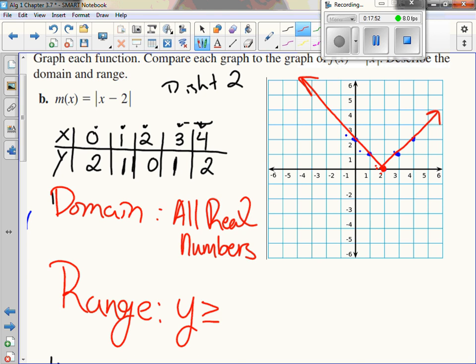Now we just need to find the y value of the vertex, the smallest y value that's given to us. 0. Because this point here, 2, 0, that is the smallest y value. And the y value for that point is 0. So the range is going to be y is greater than or equal to 0. And that's it.